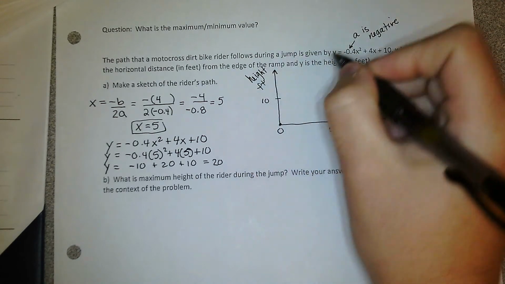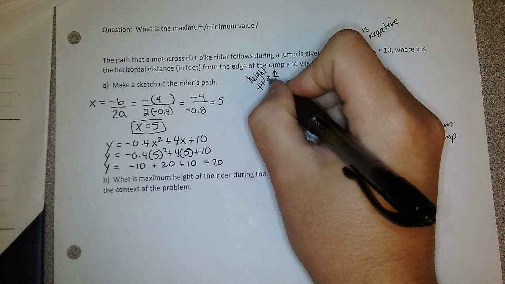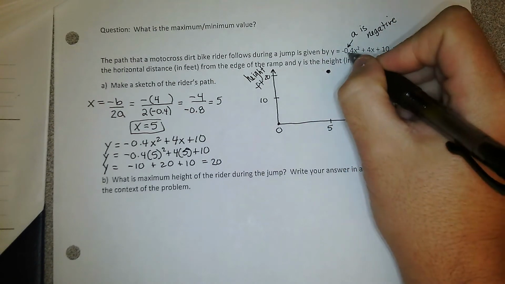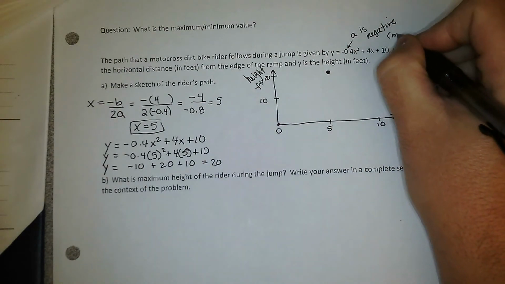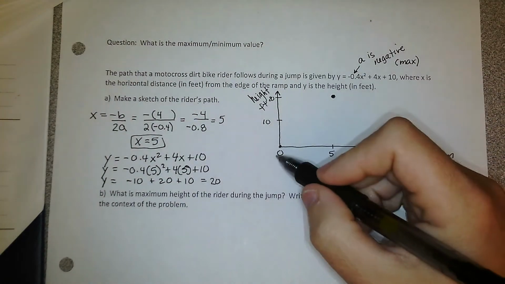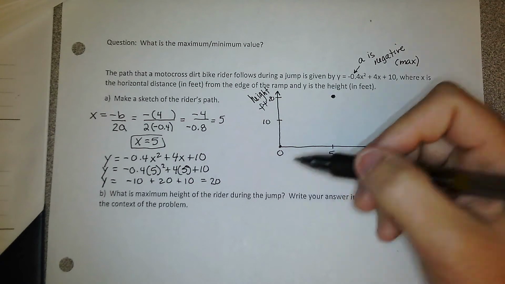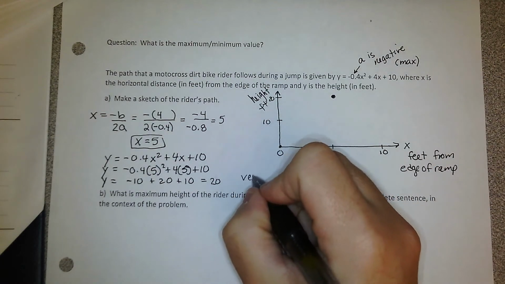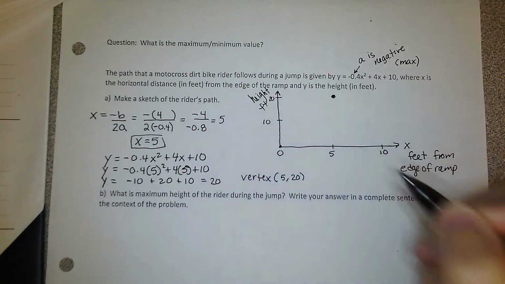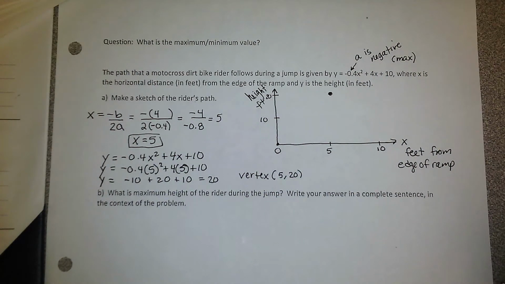So here's 10. There's 20. We know that's going to be a max because it's a negative, so it's going to be a max. We also know because it's a negative that it's going to open down. So our vertex is 5, 20. Last thing we need to know to sketch this thing is where he's beginning.